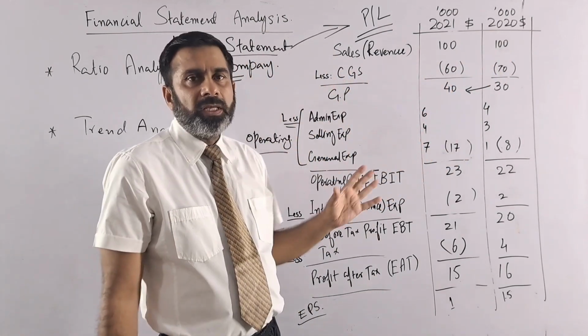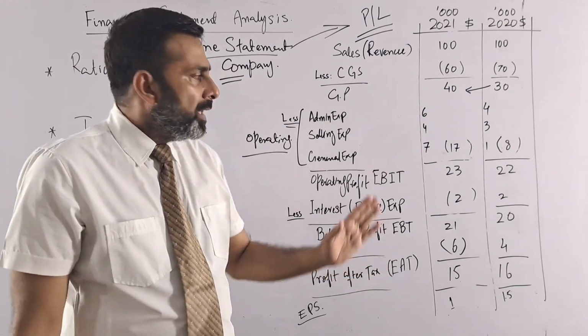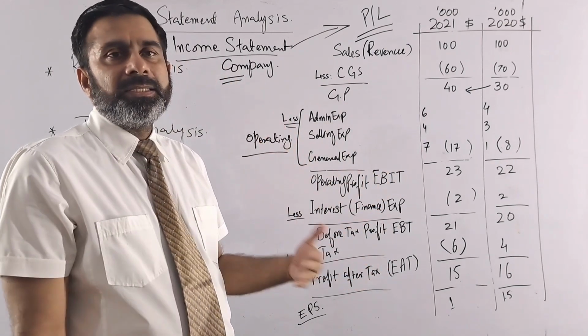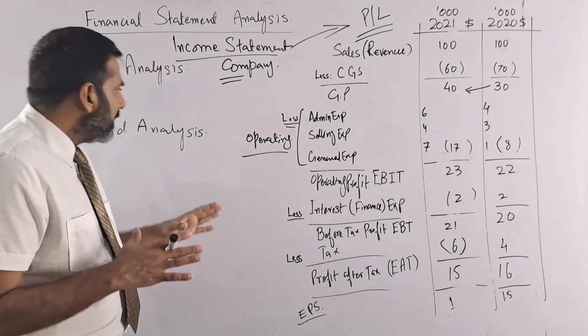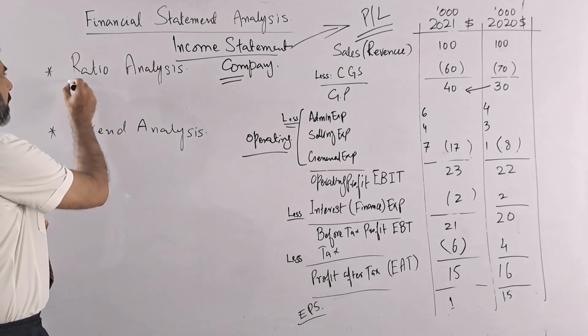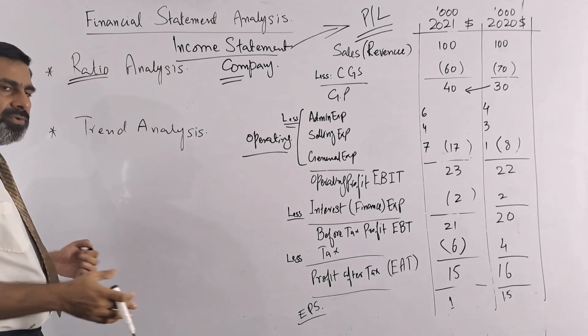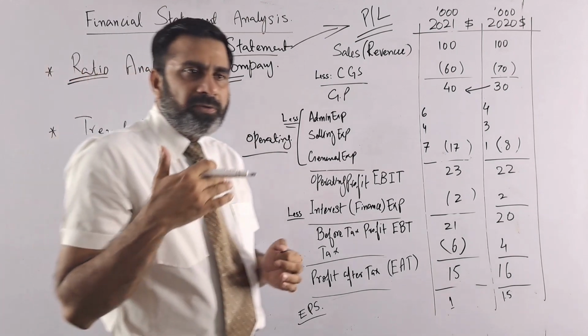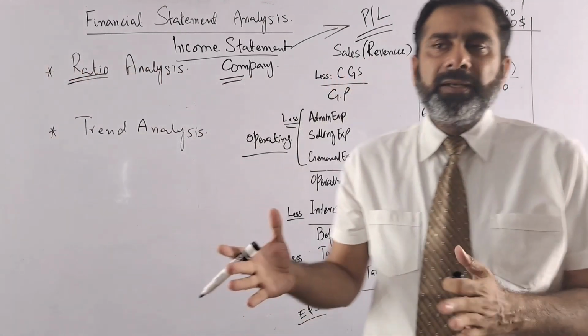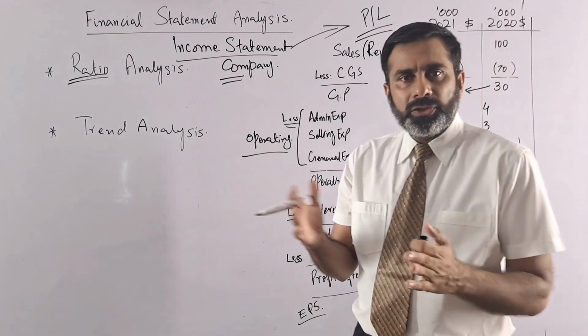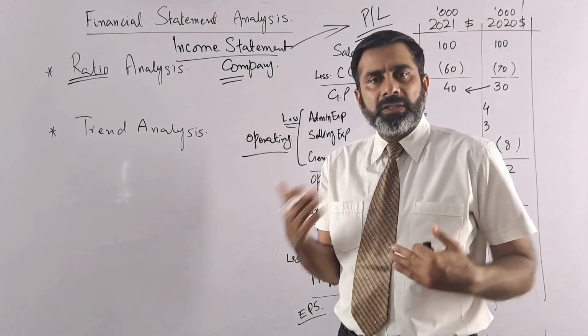But obviously, there is more in-depth analysis that is required, and for that in-depth analysis, obviously we need the ratio analysis, and then we will do the different types of calculations in the profitability, in the long-term solvency, in the short-term solvency, liquidity, activities of the company.